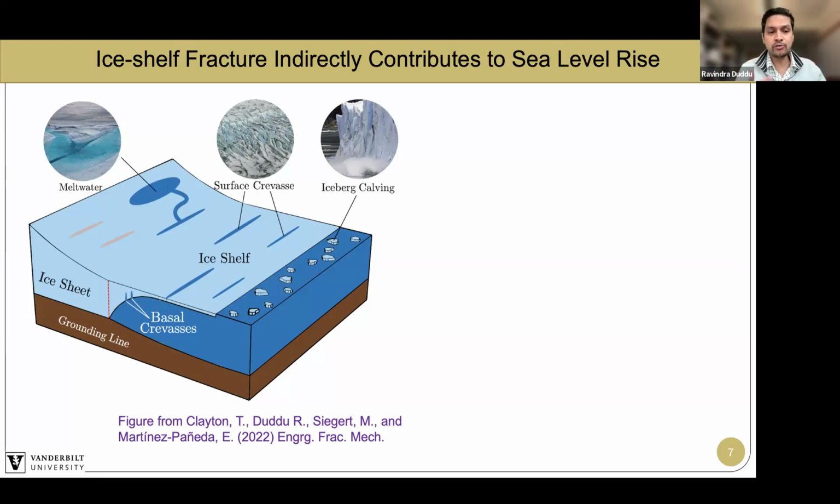So there's a lot of mechanics going on here in terms of water-filled fractures that can either destabilize the ice shelves, or somewhere deeper in the ice sheet, they can connect the surface hydrology with basal hydrology by connecting surface water with the base.